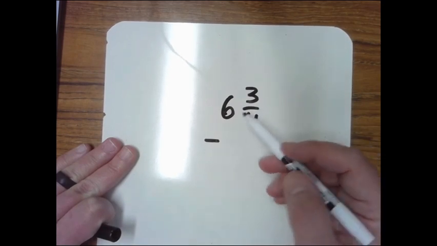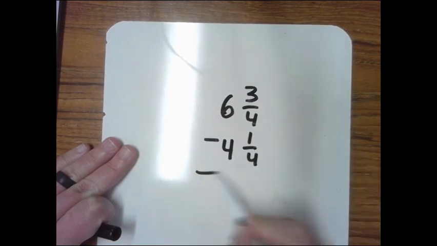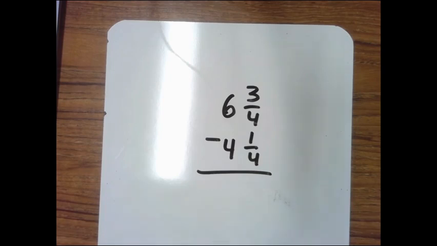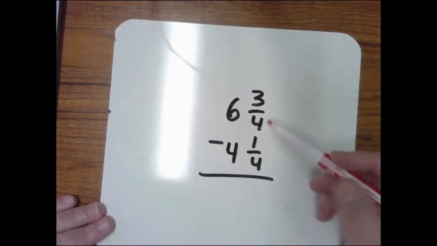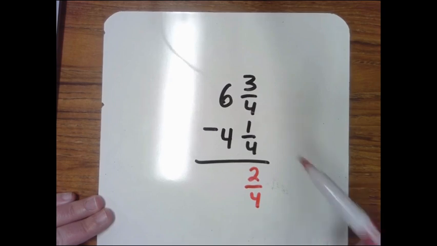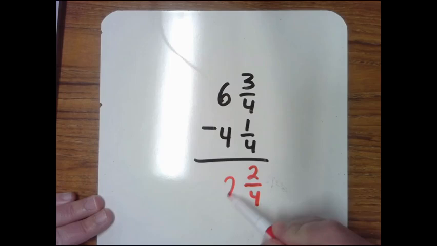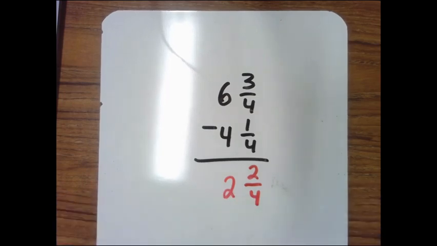So 6 3/4, take away 4 1/4. We start with our fractions. So 3/4 take away 1/4 leaves us with 2/4. And then we subtract our wholes. So 6 take away 4 is 2. So our answer is 2 2/4 inches tall.